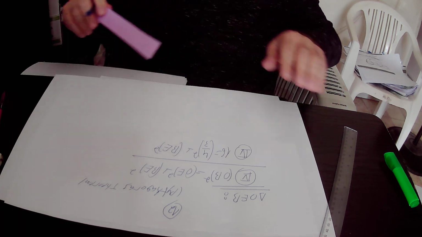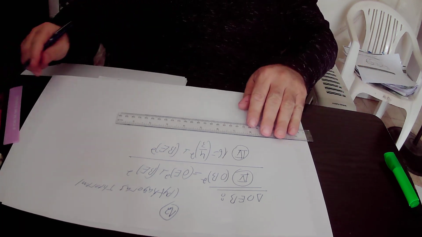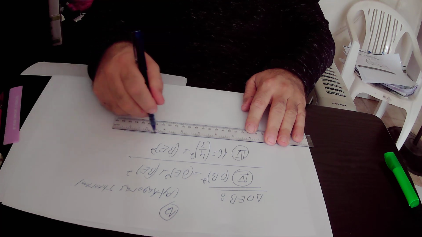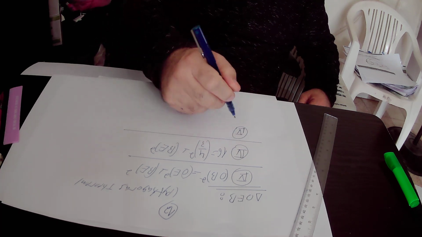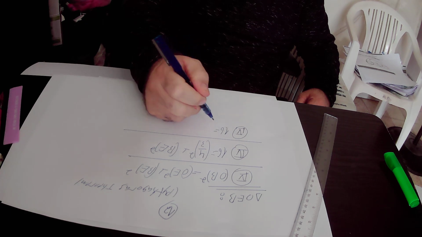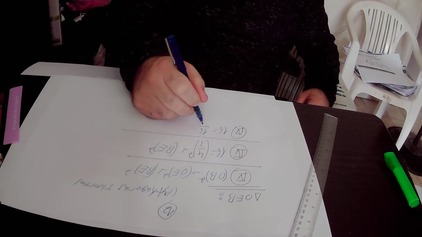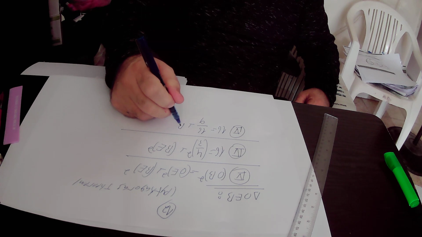So 4 over 3 square is 16 over 9. I will write it down. We will get that 16 equals 16 over 9 plus BE square.